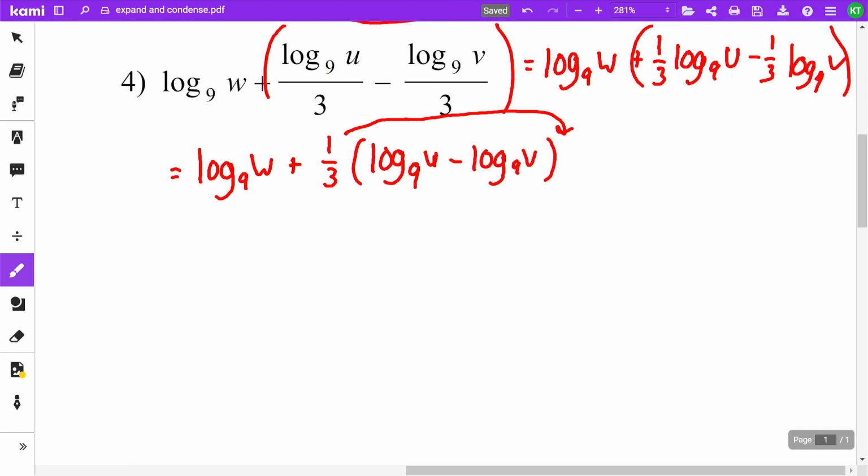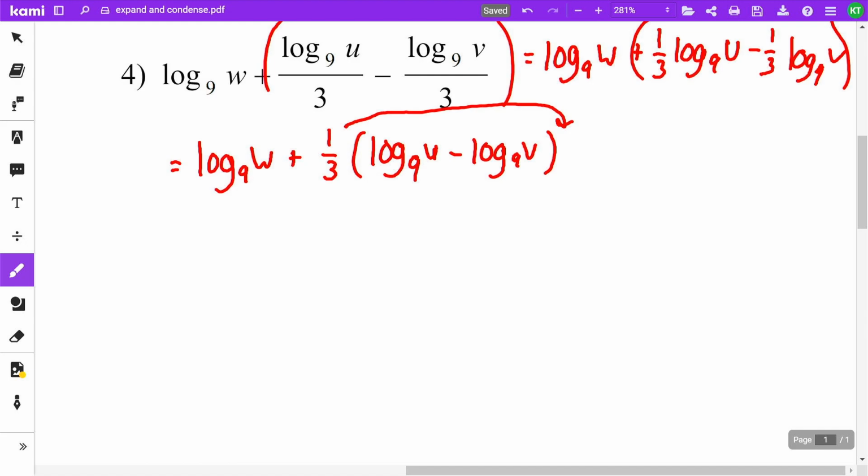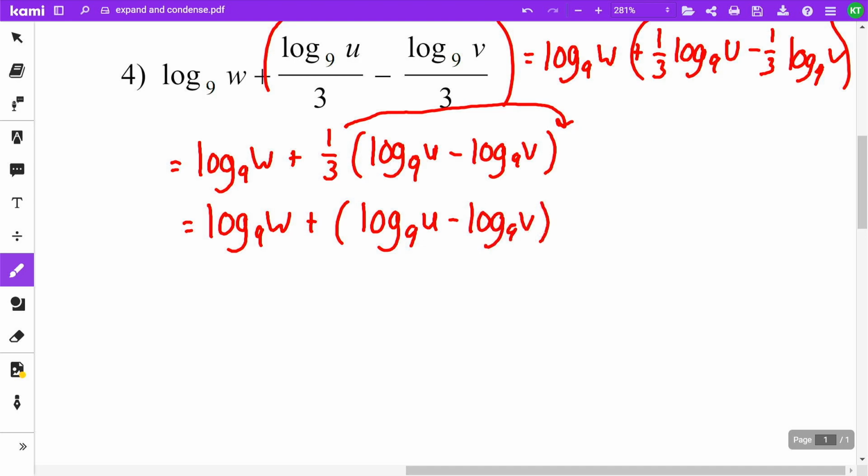So I will have log base 9 of w plus parenthesis log base 9 of u minus log base 9 of v to the power of 1/3. Then I'm going to go inside my parentheses and do that first using PEMDAS.